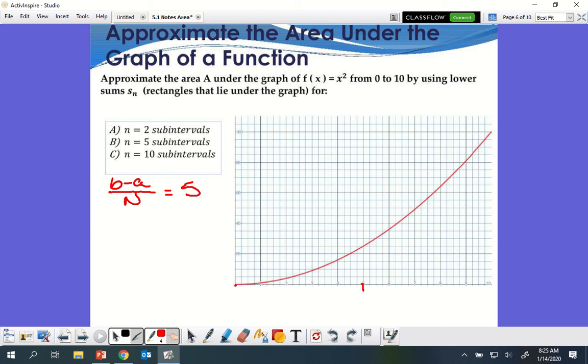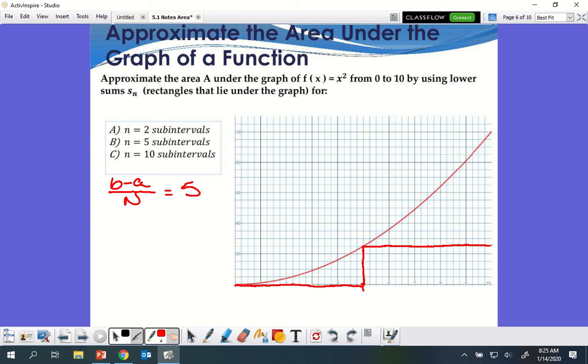So this goes all the way, this has a height of 0, and up, and then over. There we go. Yeah, this one's not very accurate, is it? No, it is not.